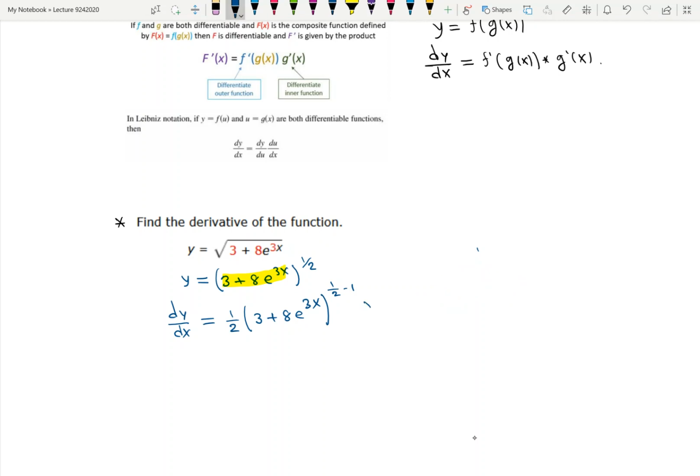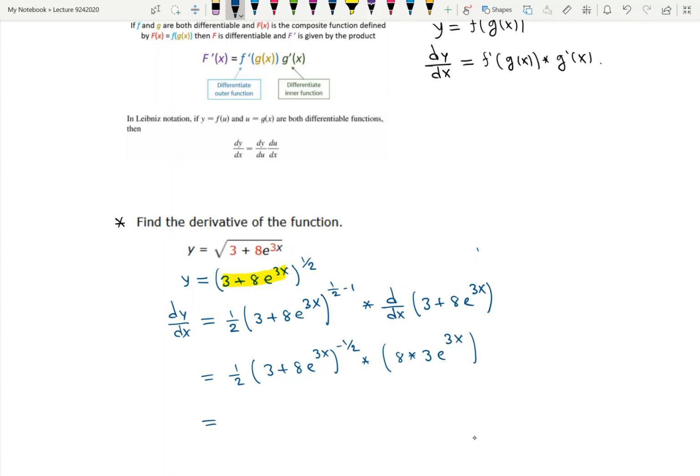Now we need to take the derivative of the inner function, which is 3 plus 8 e to the power 3x. Okay, so this becomes 1 over 2 times 3 plus 8 e to the power 3x, to the power negative 1 half, times its derivative, which is 8 times 3 e to the power 3x.